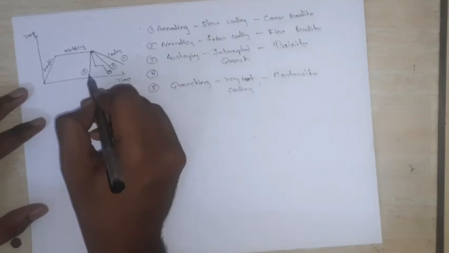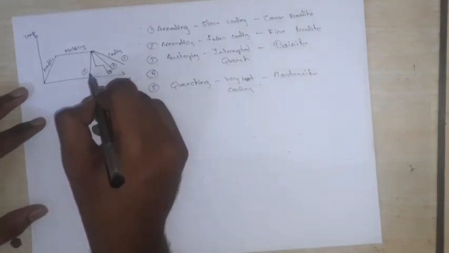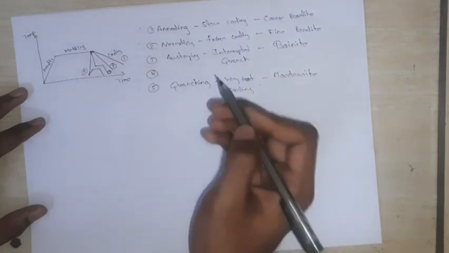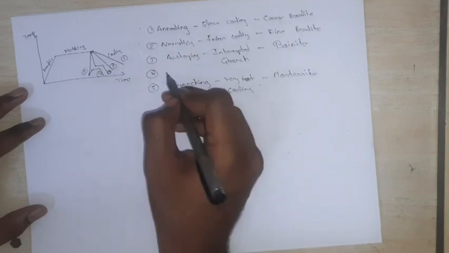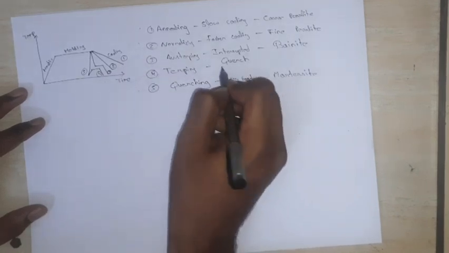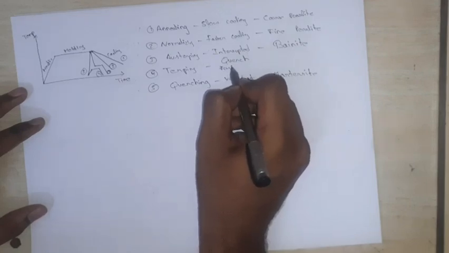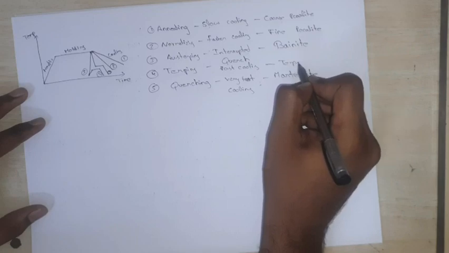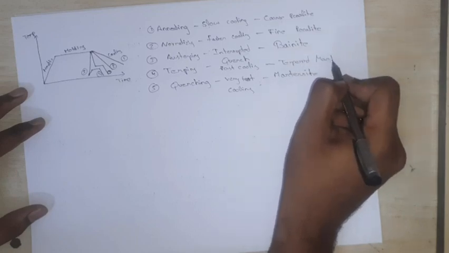After quenching, if we heat to a somewhat higher temperature, hold there and then cool it, that heat treatment is called tempering, and we get tempered martensite.